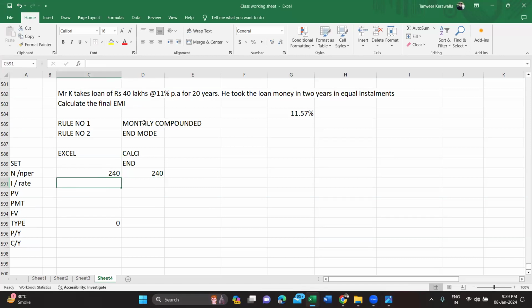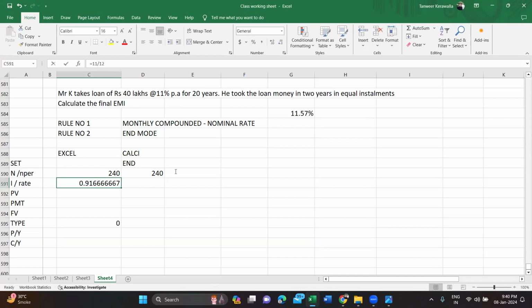Rate, as I told you, it's monthly compounded. So the rate is by default a nominal rate, although nothing is given here. By default, it's the nominal rate, monthly. So you read this as 11% per annum monthly compounding. This is the nominal rate itself, but converted to a monthly rate, it's simply 11 divided by 12.